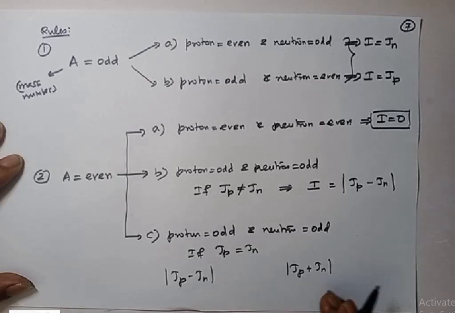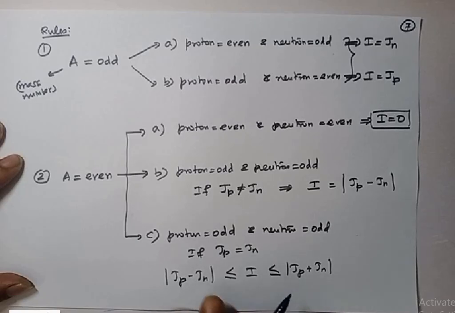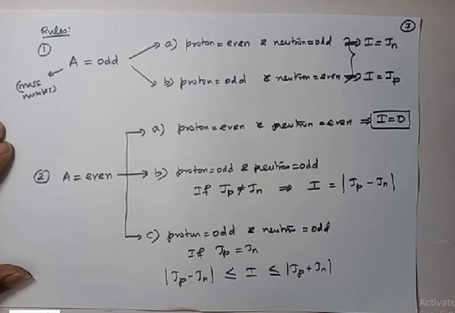Observe carefully, take the two magnitudes. The I value will be from this number to that number. It has some range, up to this. There are many possible values of I. Experiment will decide which I value we should take. It will give you the possible values of I.